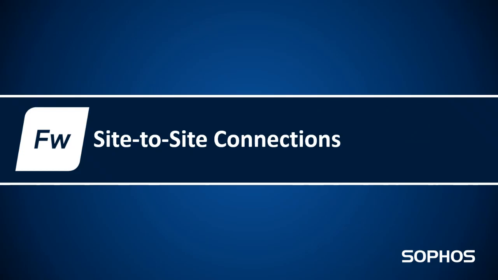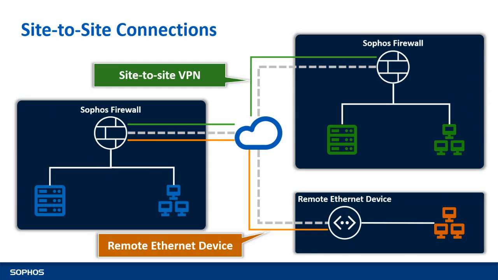Okay, site-to-site connections. The firewall includes two main ways to connect sites: site-to-site VPN and the Remote Ethernet Device, or RED. How you choose to connect your sites will depend on the site's requirements.